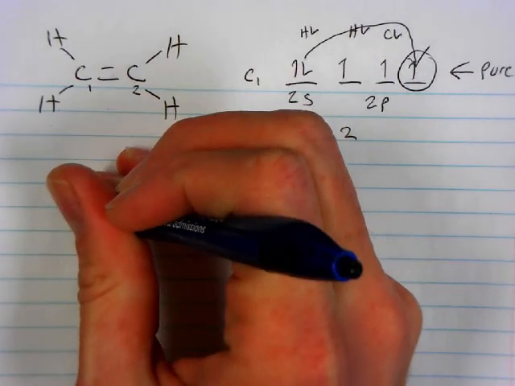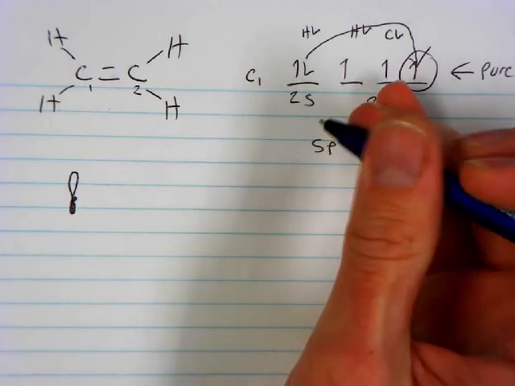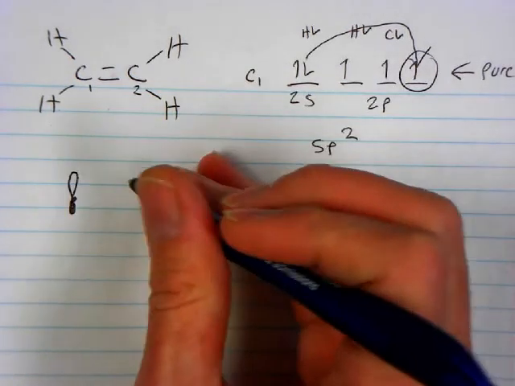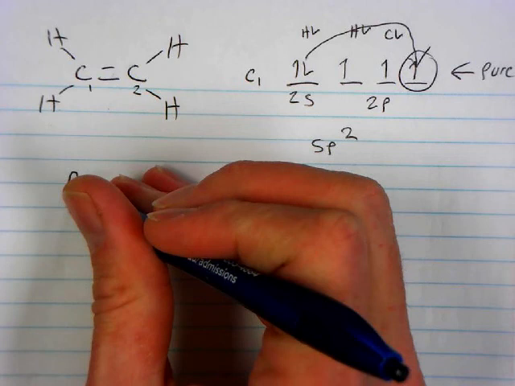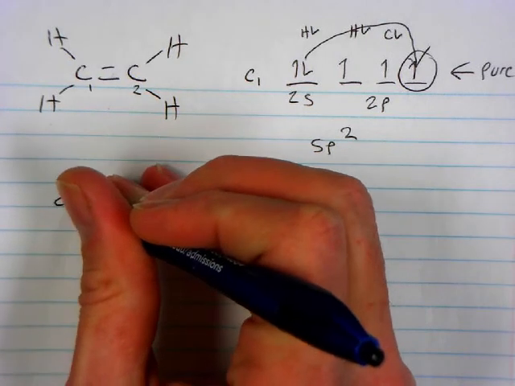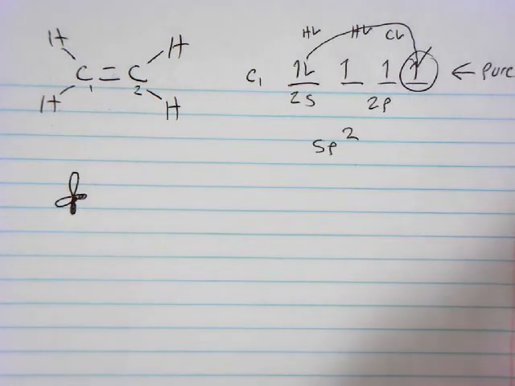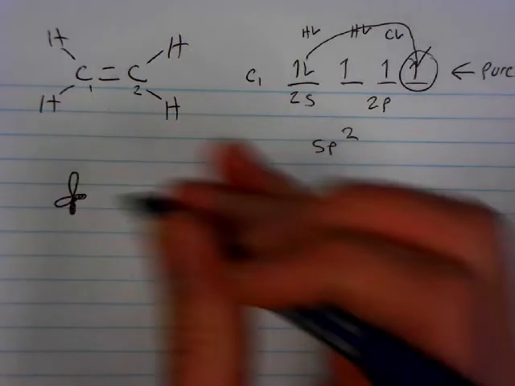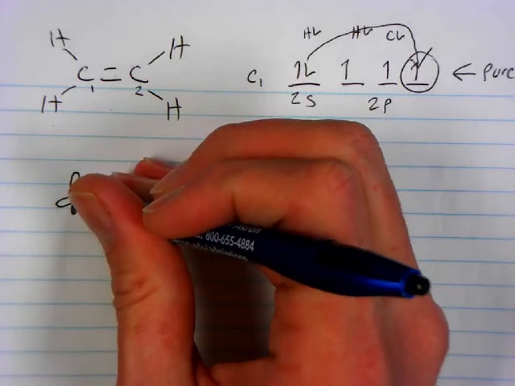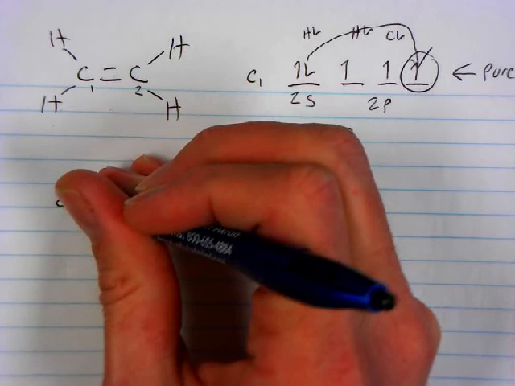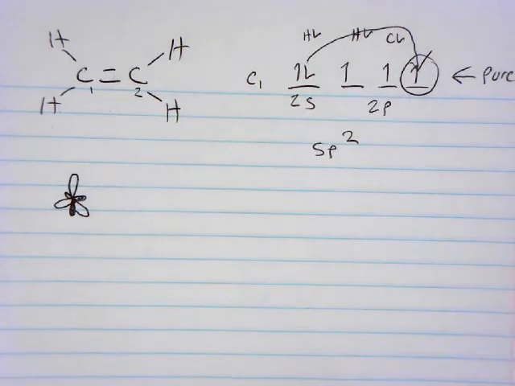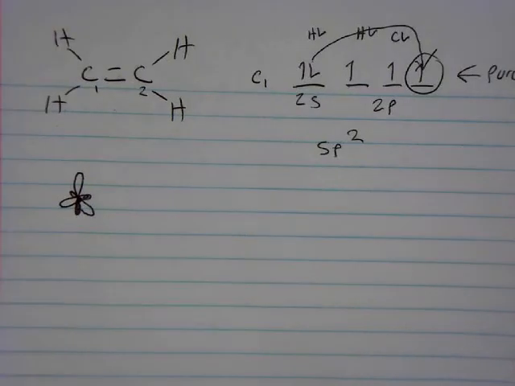So here we go. Here's my carbon in the middle. It has one here, like this, right? And then it has one kind of like this. This is not going to be my best drawing. It's fine. Guys, this drawing is not important.